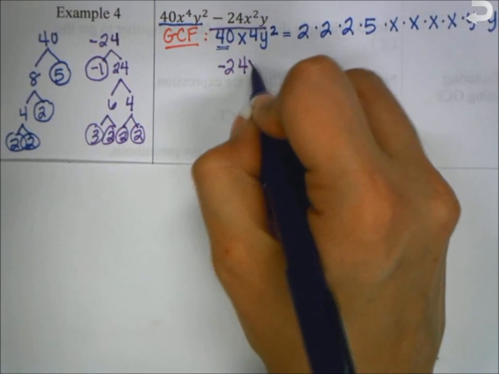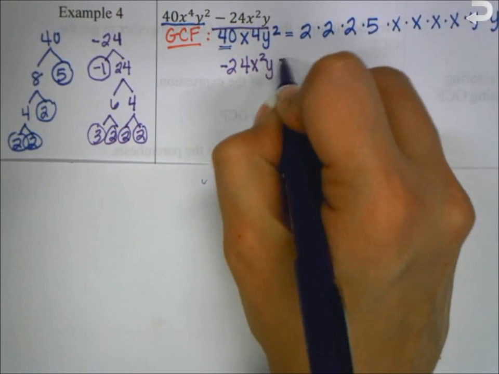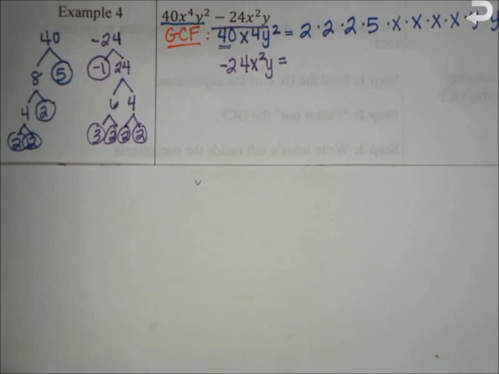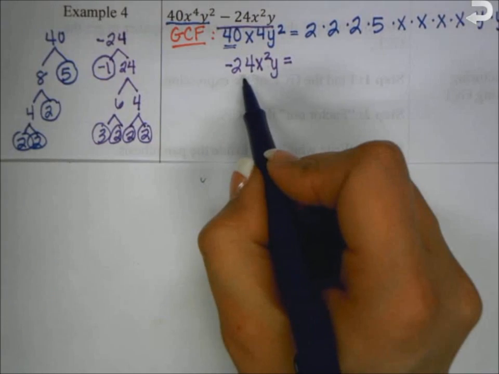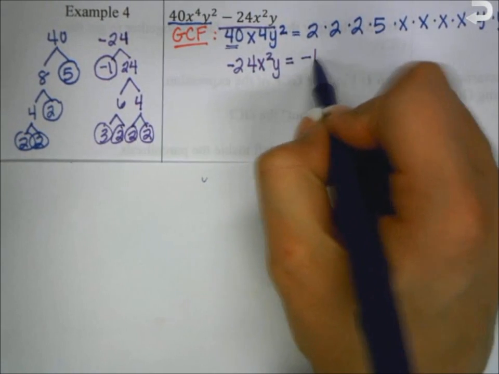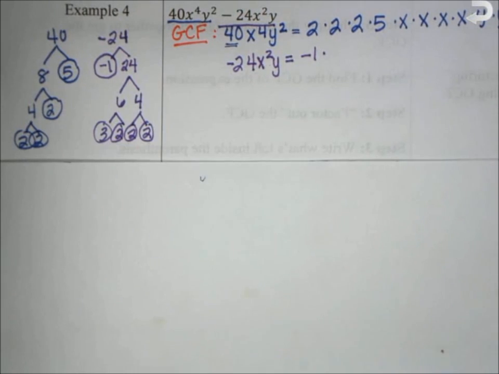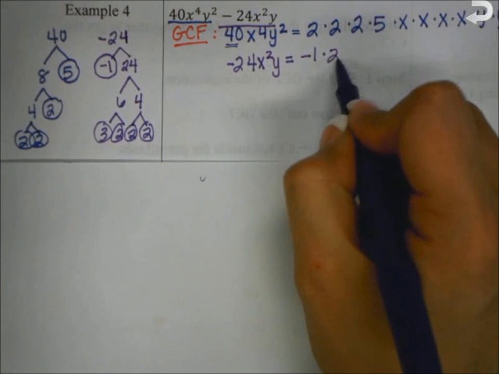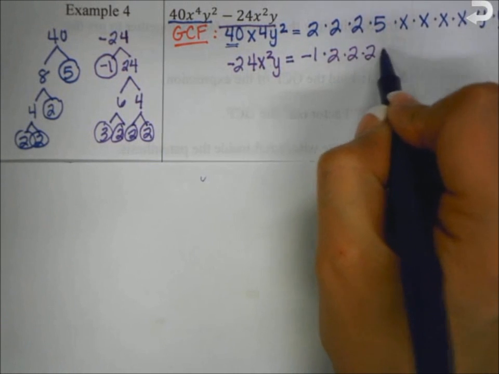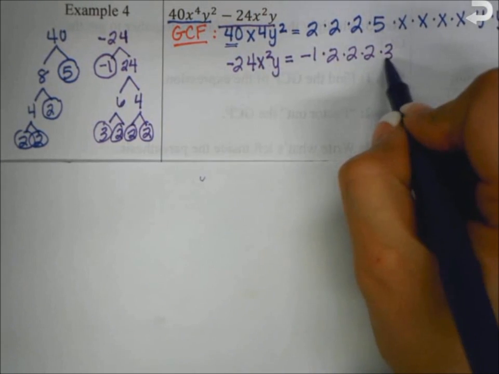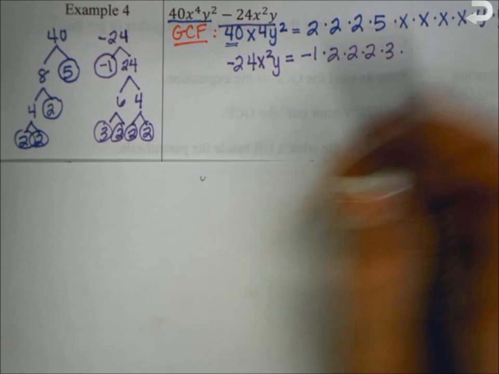Okay, so how does negative 24 break up? Negative 1 times 3. Will we put them in order from smallest to biggest? Times 2 times 2 times 2 times 3 times x times x times y. Good. So all we did was we broke up both of those as much as we could.